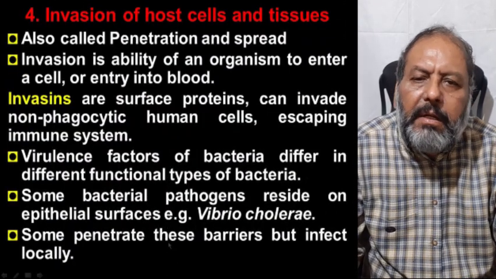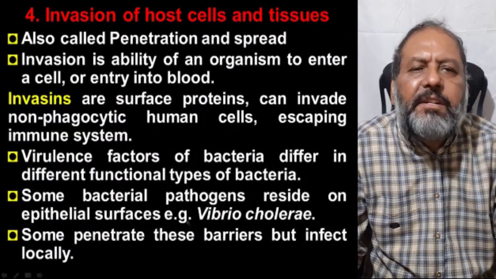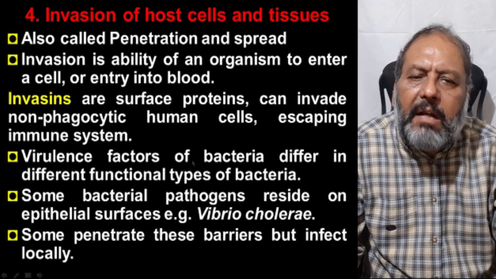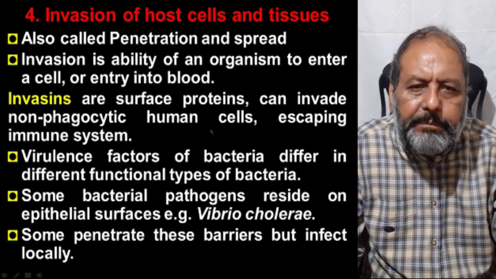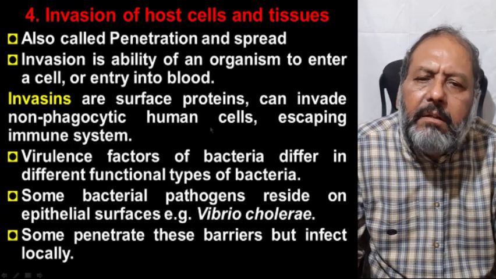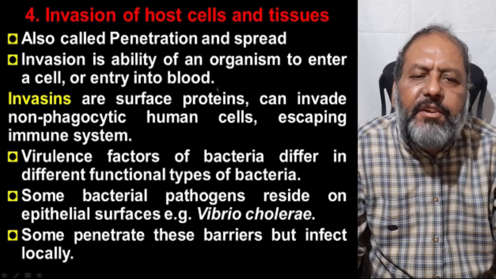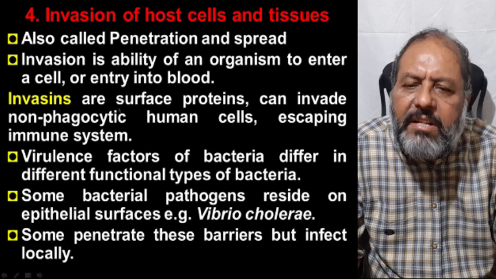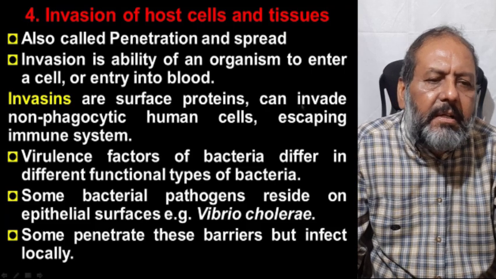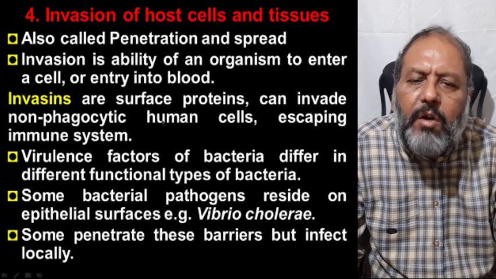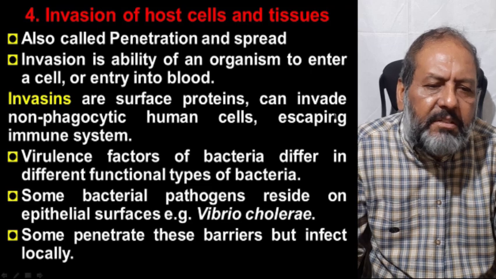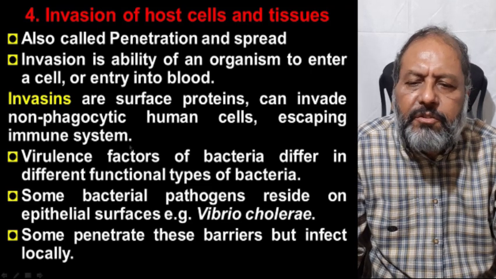Number four, invasion of the host cells and the tissues. It is also called penetration and spread. Invasion is the ability of an organism to enter a cell or enter the blood. Invasins are the surface proteins that can invade non-phagocytic human cells, escaping the immune system.